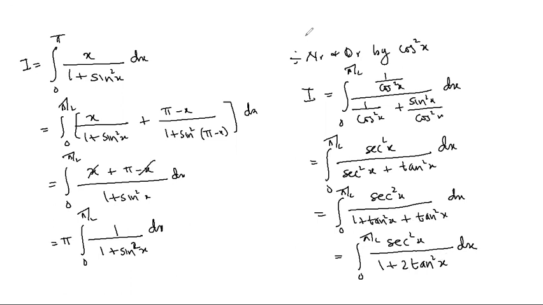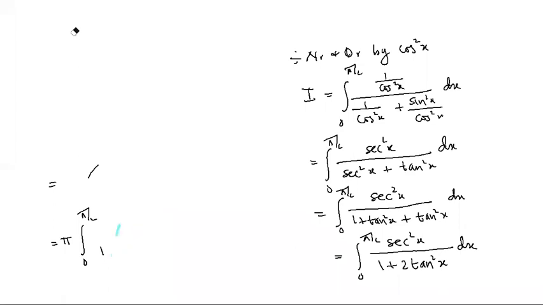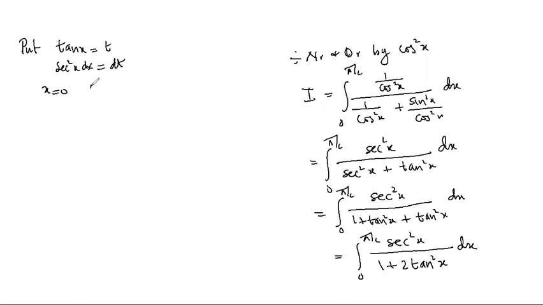Now you'll put tan x as t, sec square x dx as dt, and change the limit. When x is 0, t is tan 0, which is 0.